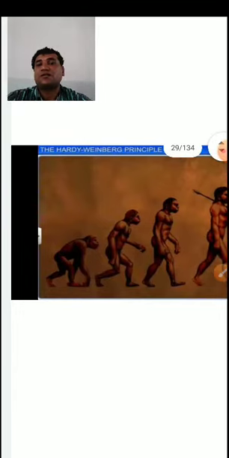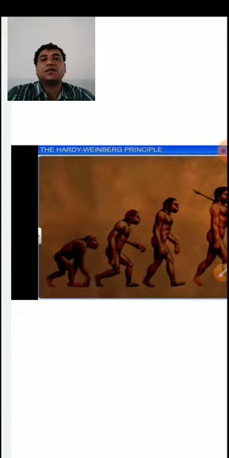As we have discussed, by combining all the theories into a unit, according to the evolutionists, evolution is slow, directional, and also a stable process.